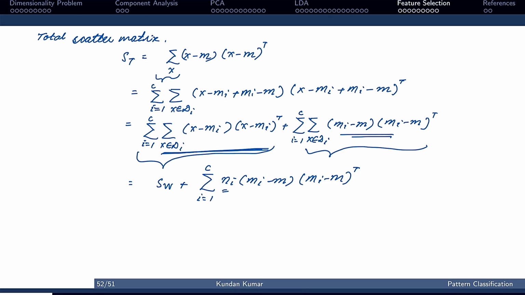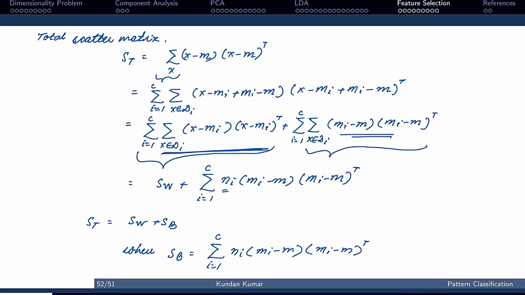So, we have the total scatter matrix ST equal to SW plus SB, where SB equal to this much. Okay.